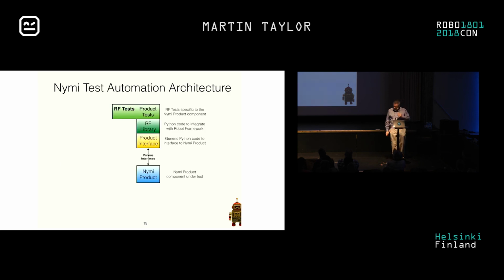The particular thing we're doing with our Robot Framework design for this company is we're always having a Robot Framework library which is very thin and attached to a product interface which is just generic Python and has nothing to do with Robot Framework.